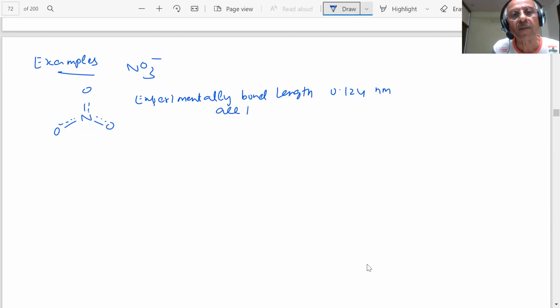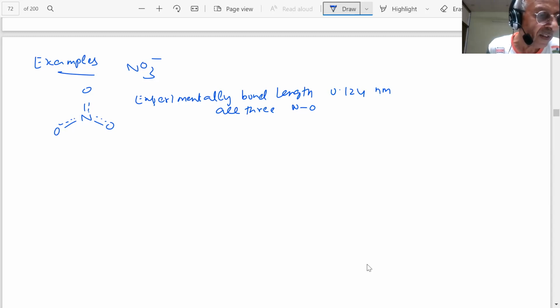All the 3 NO bond lengths are found to be 0.124 nanometer, which compared with a nitrogen-oxygen single bond length will be different. That will be longer than this. The nitrogen-oxygen bond length in nitrate is 0.124 nanometer, which can be compared with the nitrogen-oxygen bond length of 0.118 nanometer in NO2 minus.